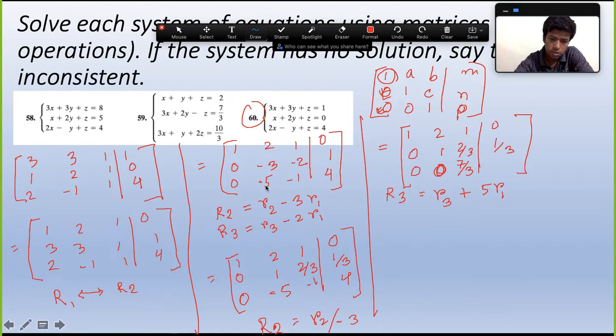There is 0 minus 5. This comes to 17 divided by 3.